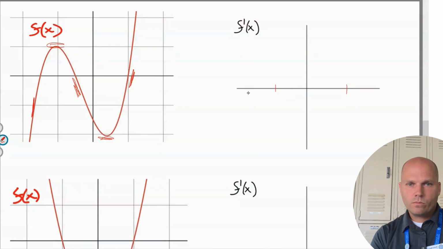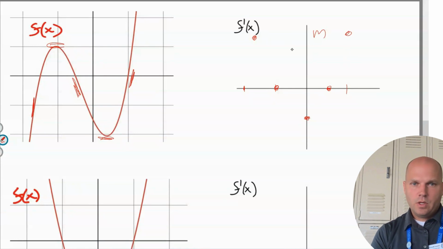So super positive slope, 0 slope, negative slope, 0 slope in between, positive slope. Interesting how that works out.